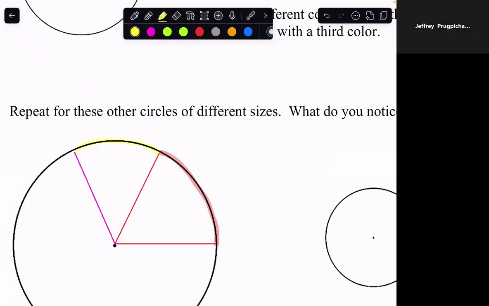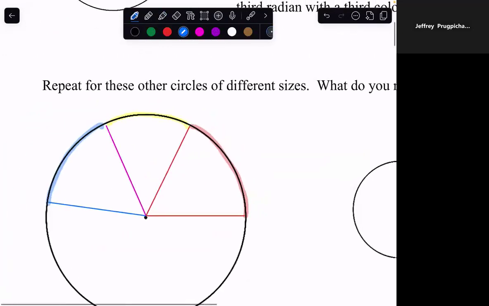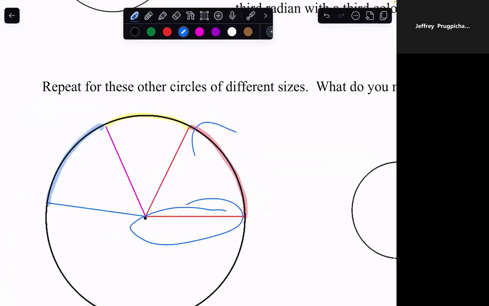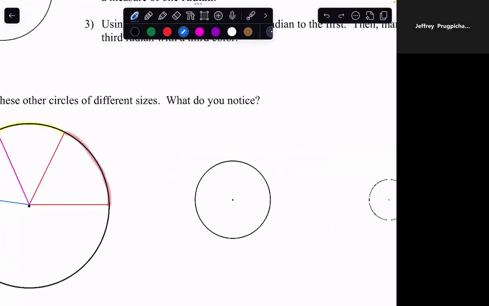And then the third. Again, the radius is longer, which means this arc length is longer also. Then this next one's a little bit smaller.